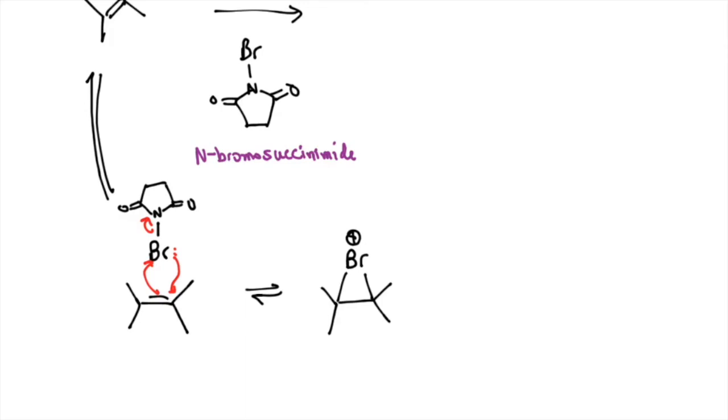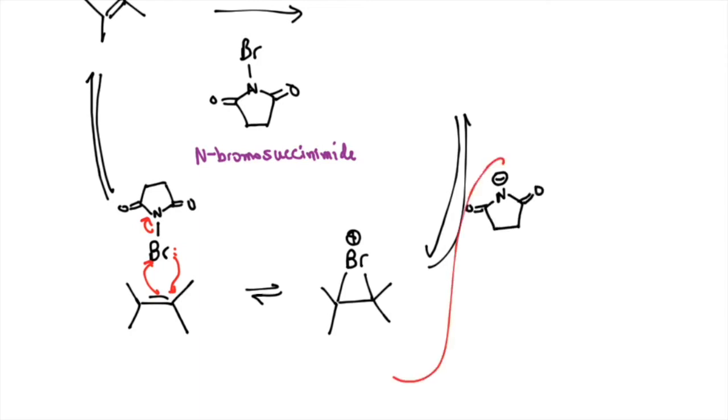Okay, I haven't drawn any stereochemistry here because it really doesn't matter, because those are two methyl groups. And so I can then take my succinimide anion, and the succinimide anion will then react in a trans fashion via an SN2 reaction to give us the trans addition of bromine and succinimide across that double bond.